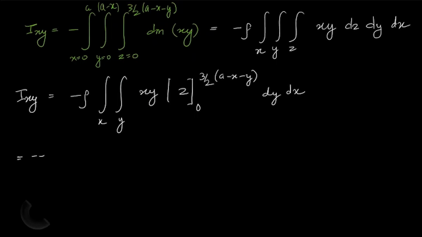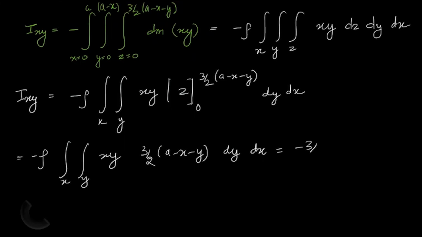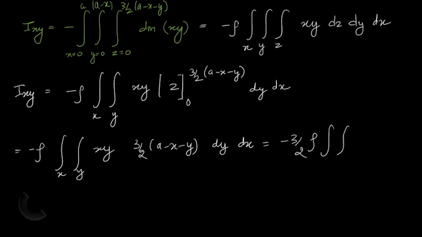So let's put the limit, minus rho integrals x y 3 over 2 (a minus x minus y) dy dx. Let's take the 3 by 2 out with rho. So then integrals, then multiply these two terms, axy minus x square y minus xy square, then dy dx.